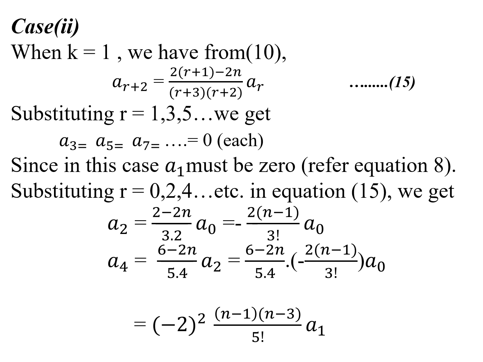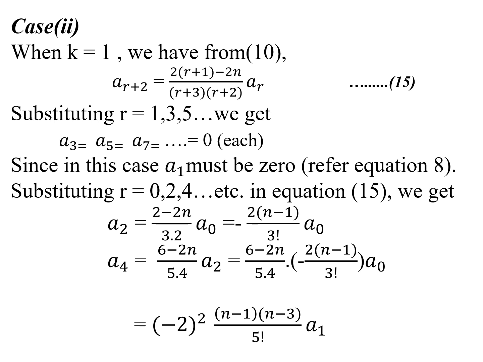Also putting r is equal to 0, 2, 4 etc. in equation 15, we get, r is equal to 0 in this equation, a2 is equal to 2 minus 2n divided by 3 into 2 into a naught. Taking minus 2 outside, minus 2 into n minus 1 by 3 factorial into a naught.